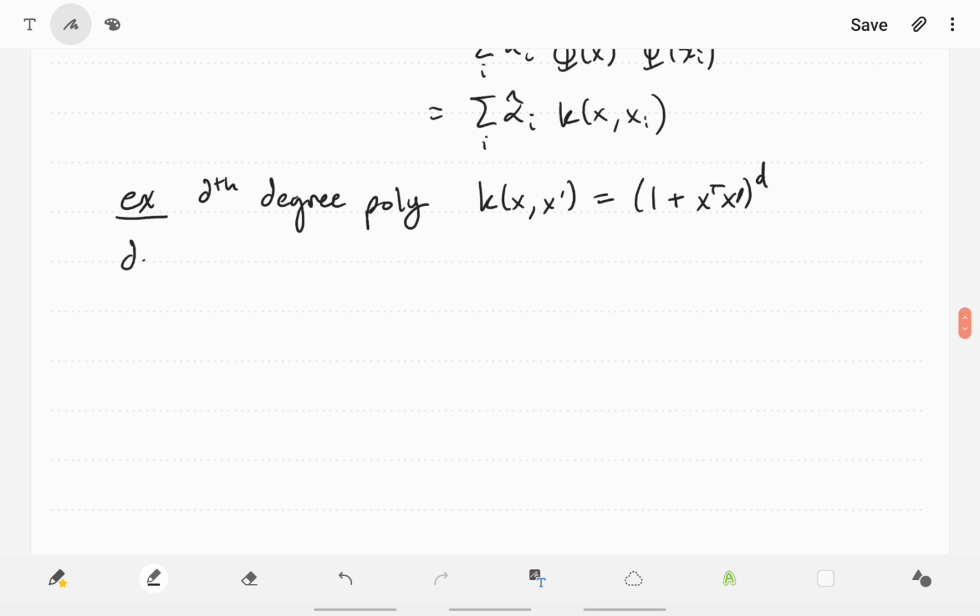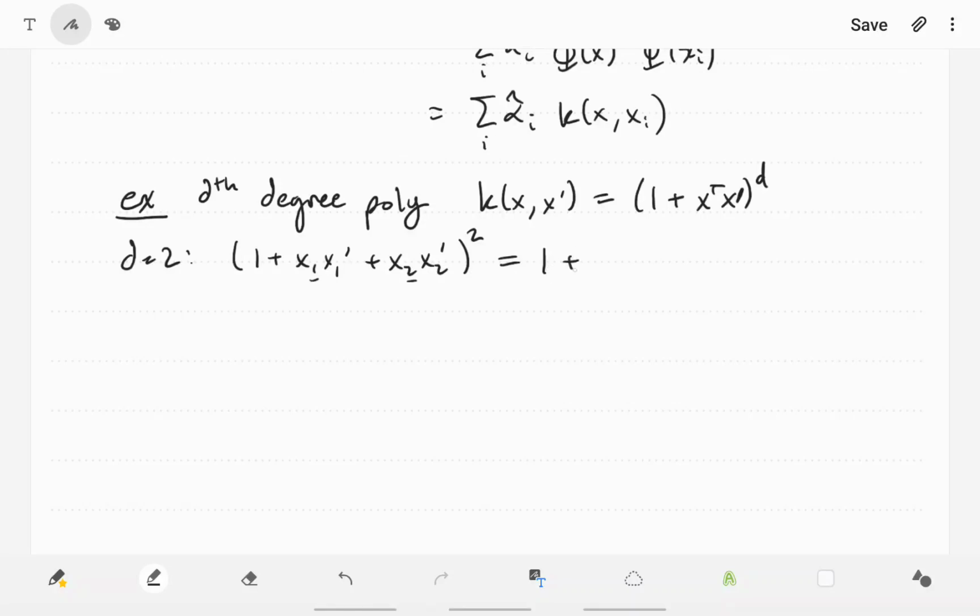Well, let's think about d equals 2. If we just evaluate this, we get 1 plus x1 times x1 prime plus x2 times x2 prime, where this index now corresponds to the coordinate. So this is the first coordinate, second coordinate, and this is squared. Right? So let's think about this.